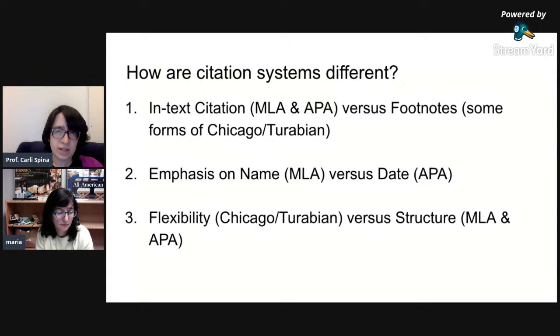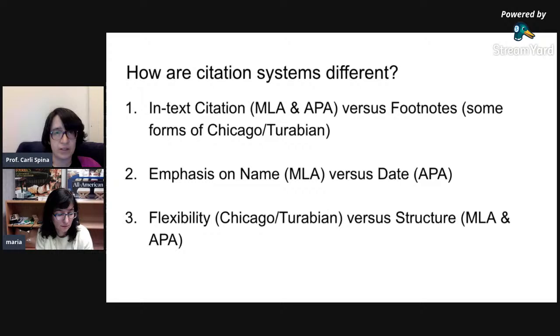So how are the citation systems different? There are a lot of subtle differences between the various citation systems. In today's presentation, we're primarily going to be talking about three of them: MLA, APA, and Chicago/Turabian. Those last two are basically the same, as we'll talk about more in a little bit. These are the major differences, but these aren't the only differences.